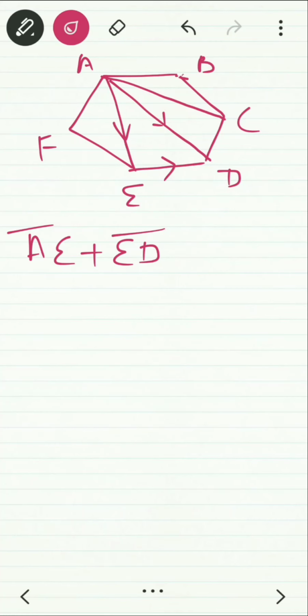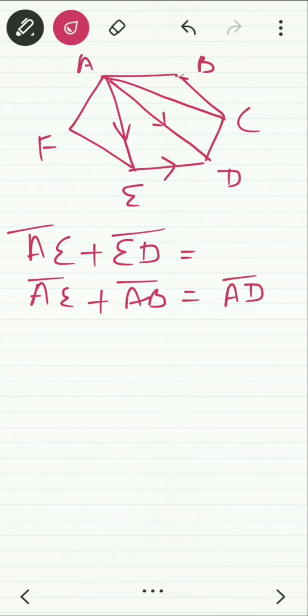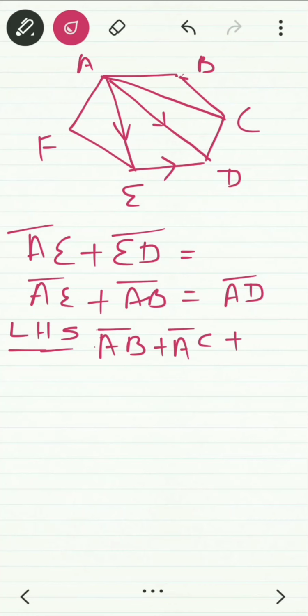Now ED can be written as AB also, because ED and AB are opposite sides of the hexagon, and therefore AE plus AB is equal to AD bar. So the LHS of the given was AB plus AC plus AD plus AE plus AF.